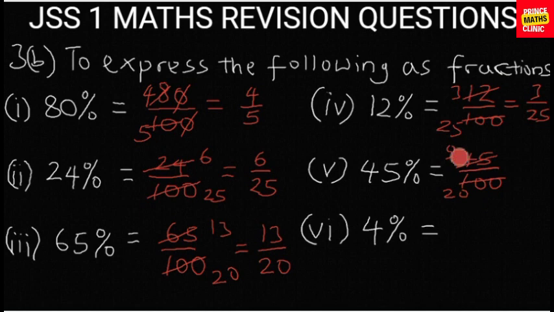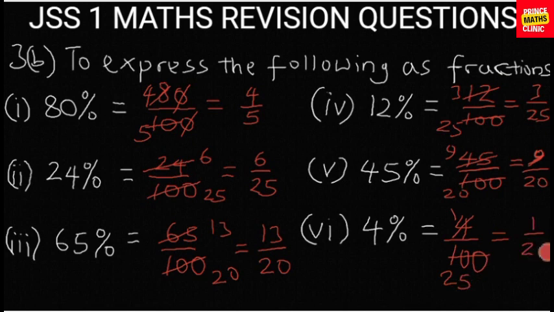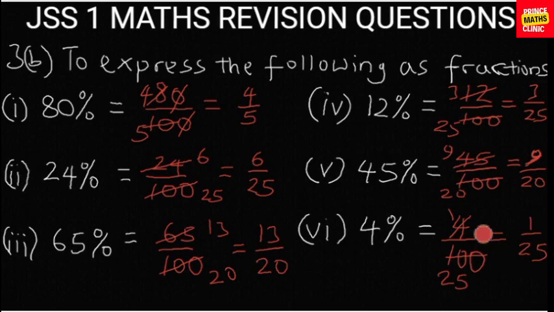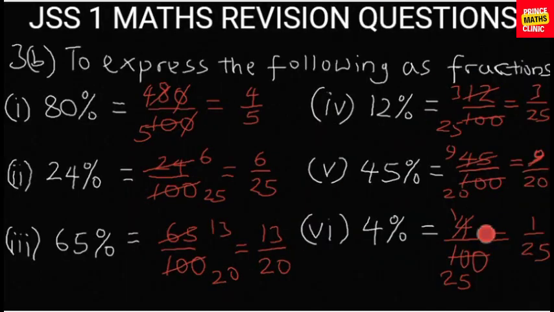So it cannot be divided any further. So this is 9 over 20. Then the last one here is what? 4 over 100. The interesting thing is that 4 in 4 is 1, 4 in 100 is 25. So this is 1 over 25. That is the solution to number 3 question.